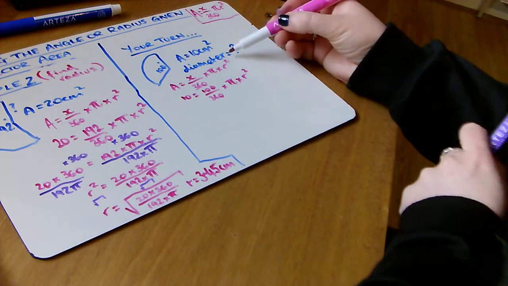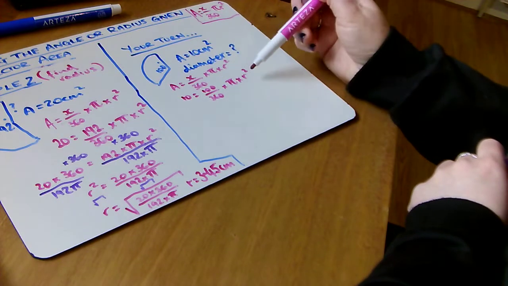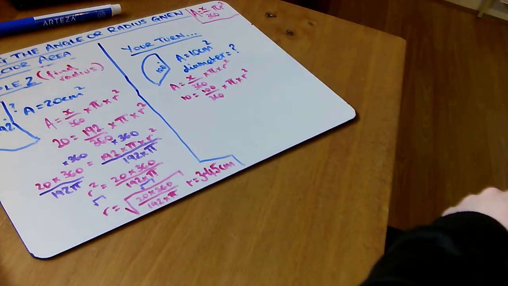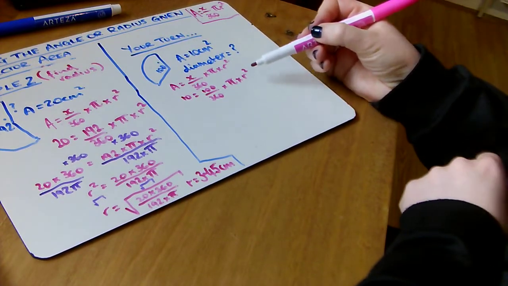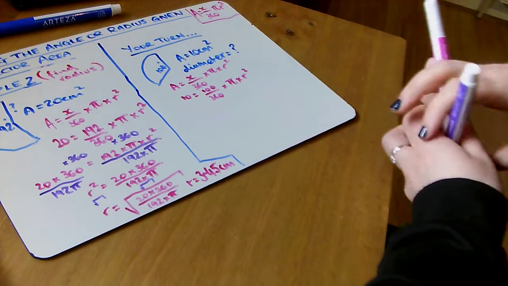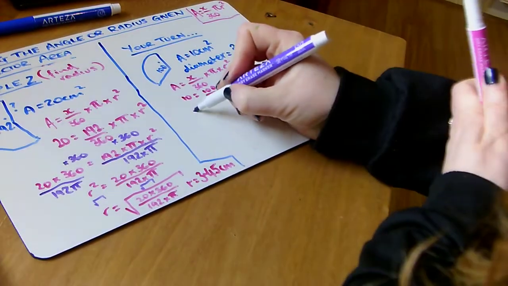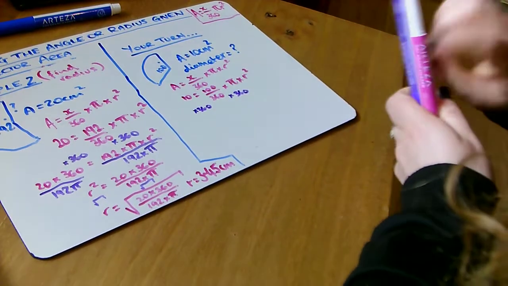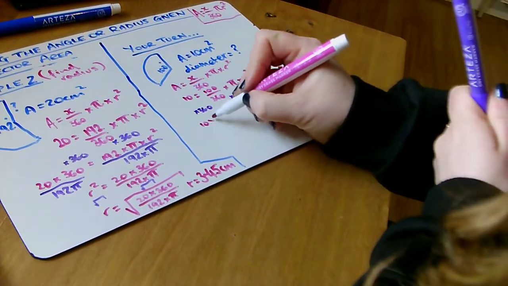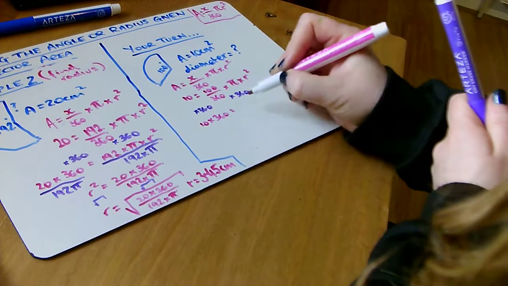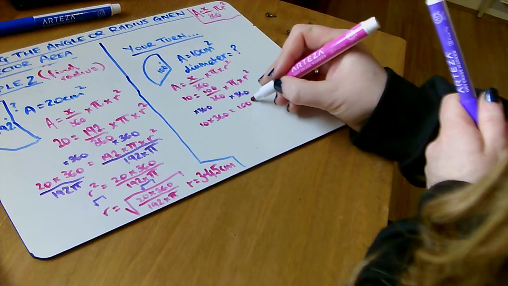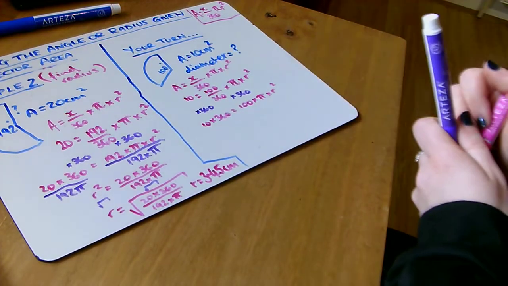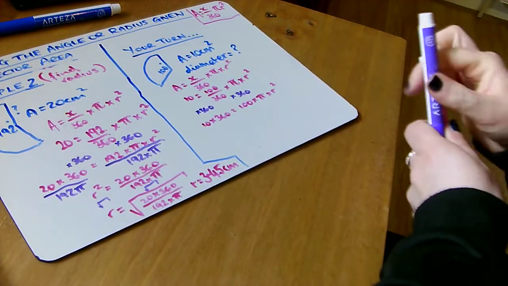Now I'm looking to find the diameter this time, and you know that the diameter isn't involved in this formula, but we do know that the diameter has a direct relationship with the radius, so we can use that in a wee minute. Okay. I'm going to multiply throughout here by 360. And I get 10 multiplied by 360 is equal to 100 times pi times the radius squared.